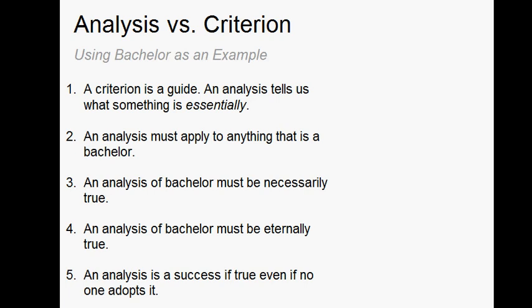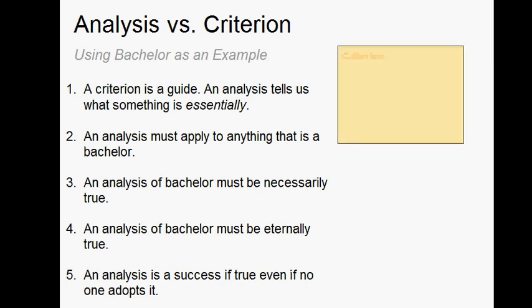And an analysis is a success if true, even if no one adopts it. It doesn't matter. This isn't a matter of convention, at least it's not supposed to be. The idea is that analyses identify mind-independent, objective facts about relations between properties and these constituent properties.